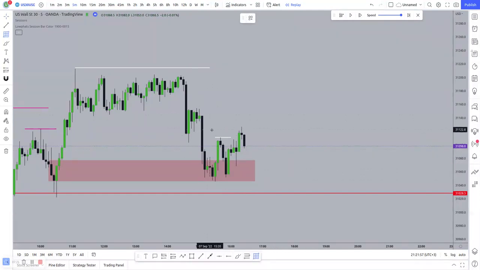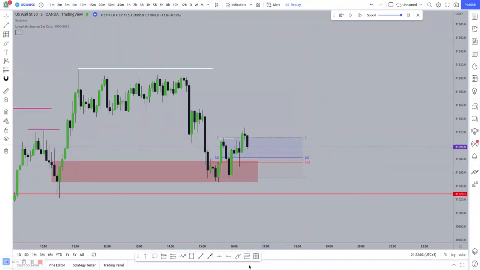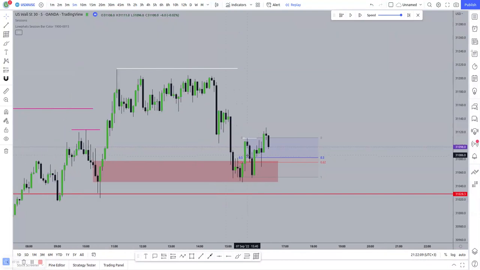So if I use my fib from here to here, okay, my entry, I put a buy order right here.